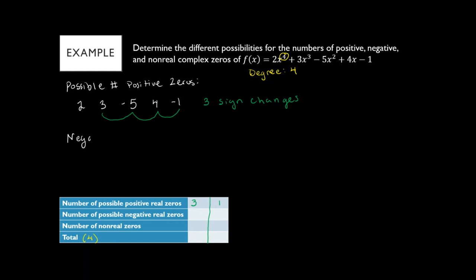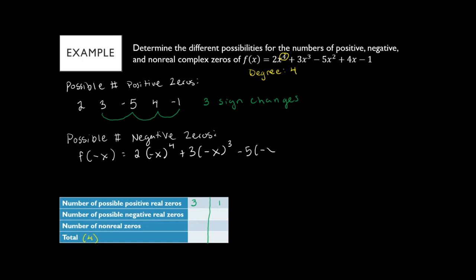Next, to find the possible number of negative zeros, you have to first plug negative x into the function. So 2 times negative x to the fourth plus 3 times negative x cubed minus 5 times negative x squared plus 4 times negative x minus 1.